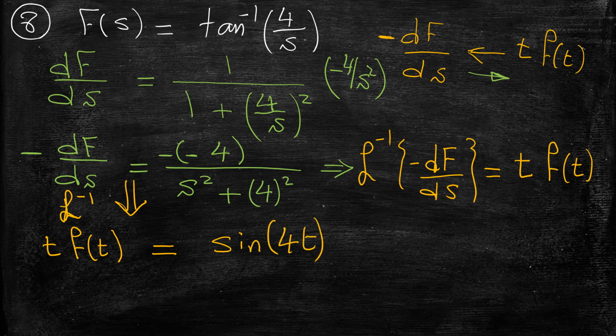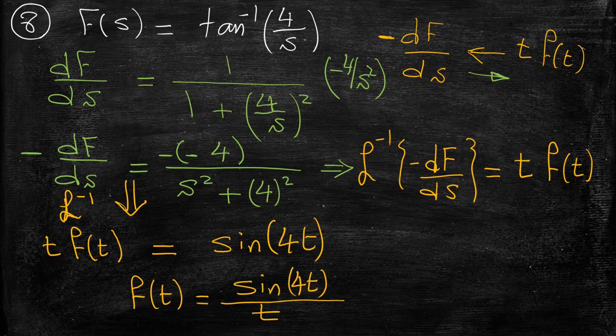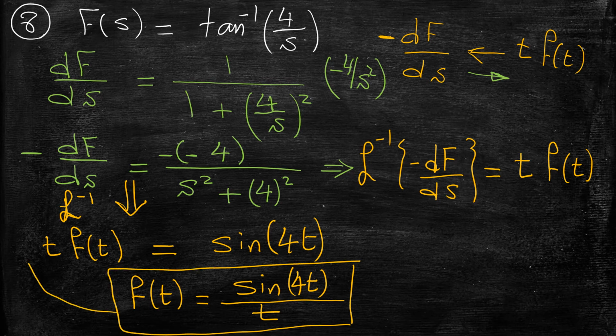So if t f of t equals sine 4t, it means f of t is nothing but sine 4t divided by t. And this is our function f of t. If we do the Laplace transform, you will end up with this F of s, and the opposite way, we got the Laplace inverse to be this one.